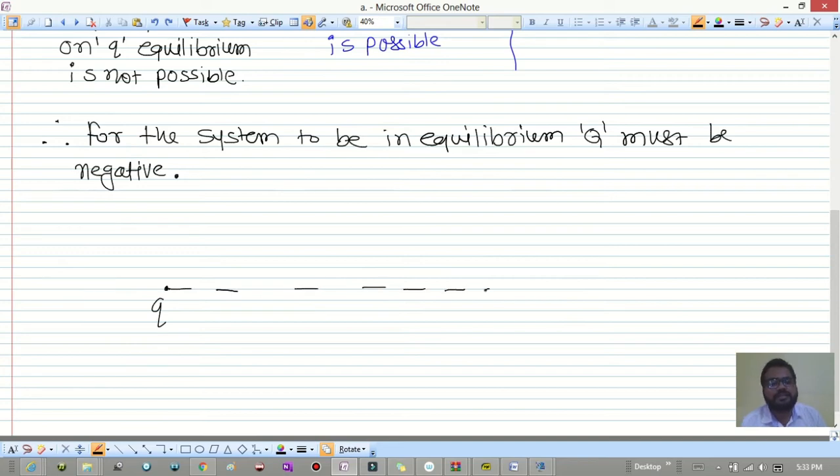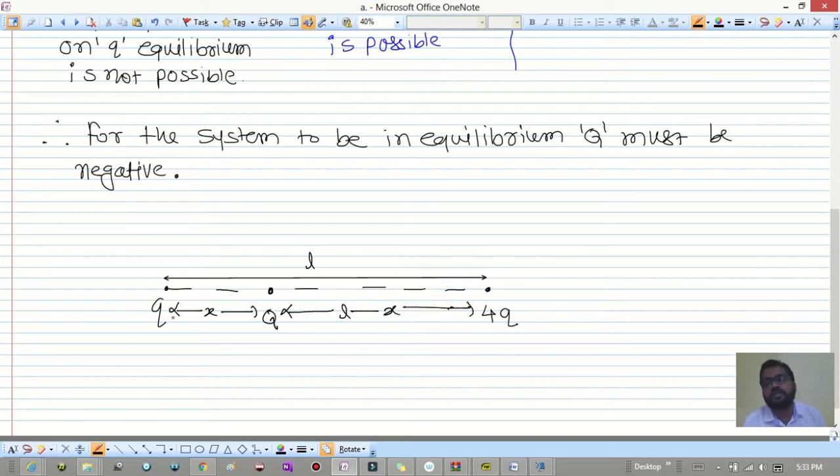Okay, now this is q we have. At L distance we have 4q. The distance between q and 4q is L, and we are placing capital Q, which is negative, at a distance of x. So the other distance is L minus x. Now we'll check.